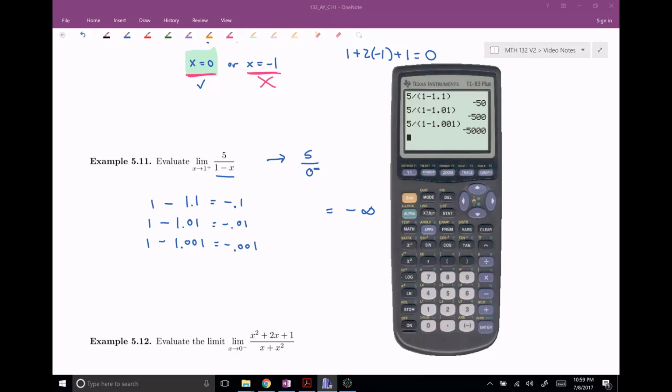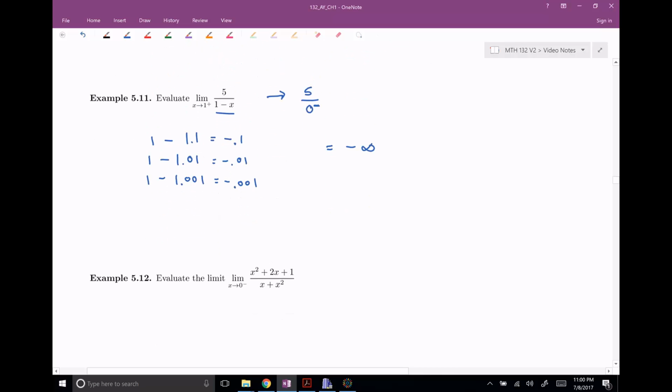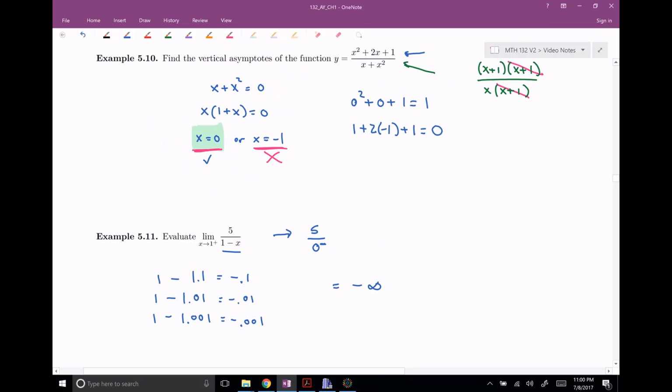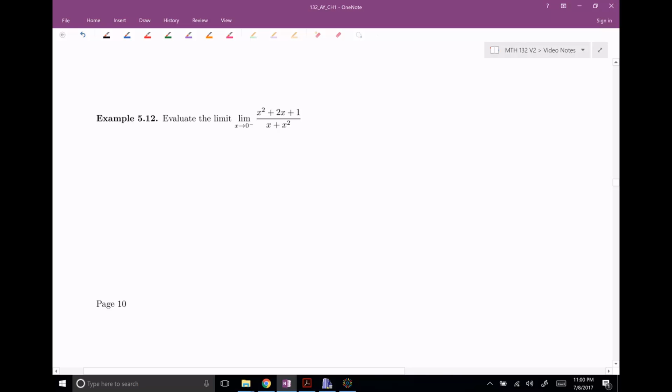Okay, let's upgrade then. This is a more complicated problem. It's a tougher function. We're going to be approaching 0 from the left. We already saw up here that we think 0 is going to be a vertical asymptote, so we're expecting to get either the answer negative infinity or positive infinity, but let's see what we get in this case. As we saw up above, we can actually simplify this function, and I really recommend anytime you can simplify the function, do.